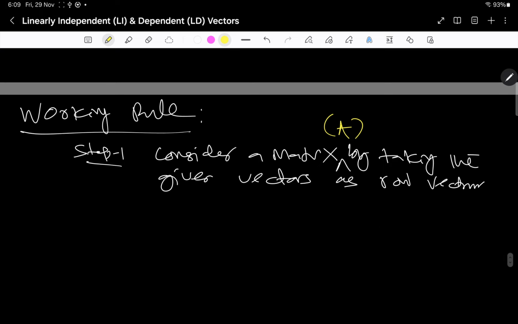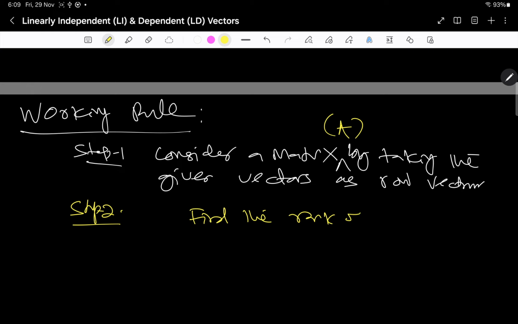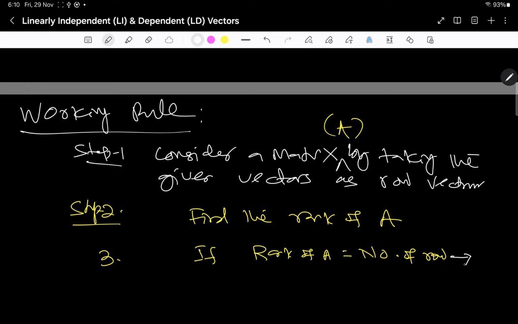In the second step, find the rank of A. In the third step, if the rank of A is equal to the number of row vectors, then it is LI, linearly independent.